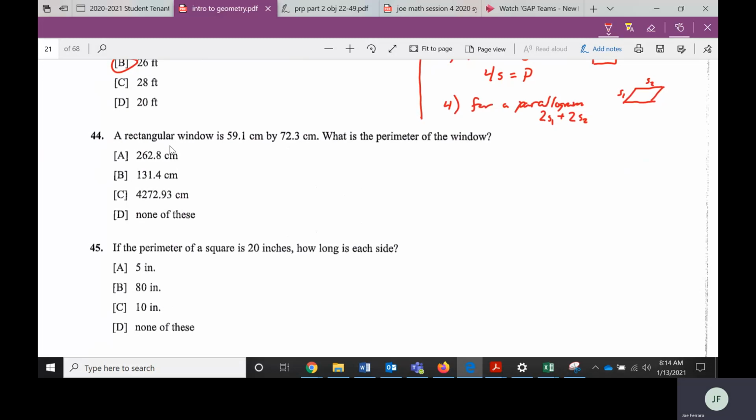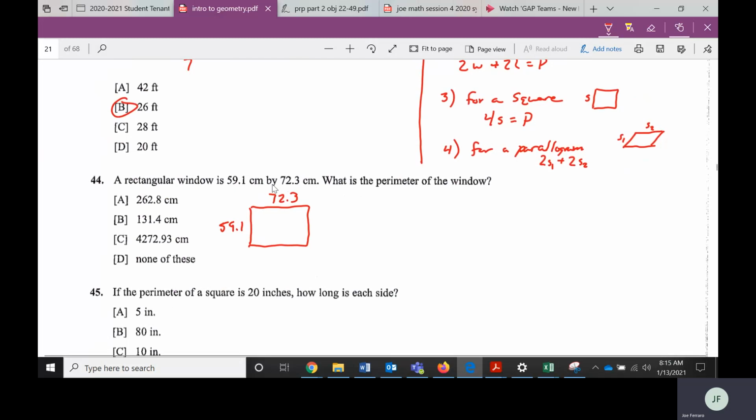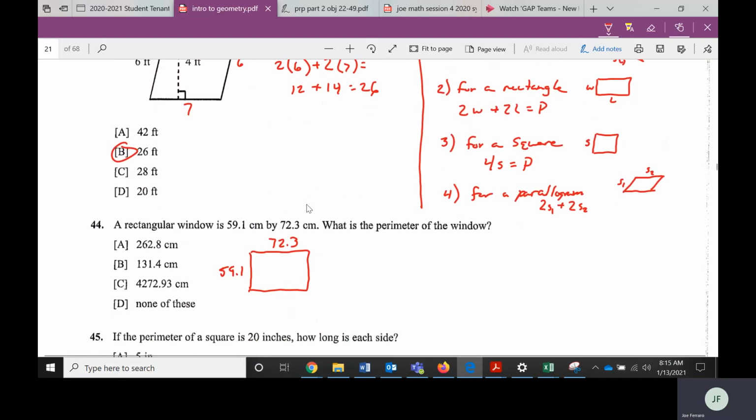A rectangular window. It's 59.1 times 72.3. Again, it doesn't have to be a perfect drawing. It doesn't have to be drawn to scale or anything like that. So I'll put the shorter side as 59.1. Longer side is 72.3. Okay, and you're actually going to solve this exact same as what you did up here.